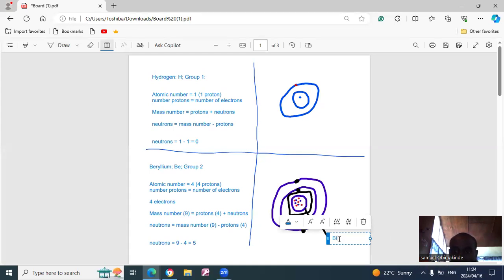So the blue dots, right, represent the protons, the blue or the purple, right? And the red dots represent the neutrons. All right, so that is the end of the lesson today.